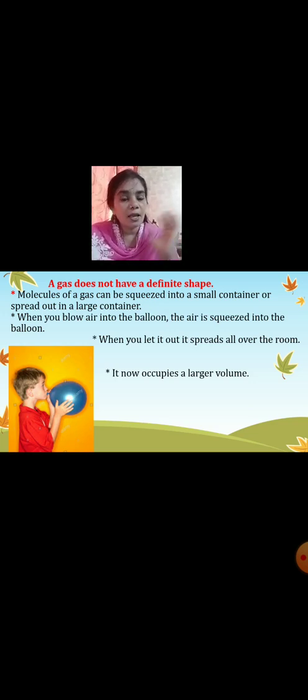It spreads everywhere because the molecules present in the air are so free to move. When you blow air into the balloon, the air is squeezed into it. When you let it out, it spreads all over the room, so it now occupies a larger volume.